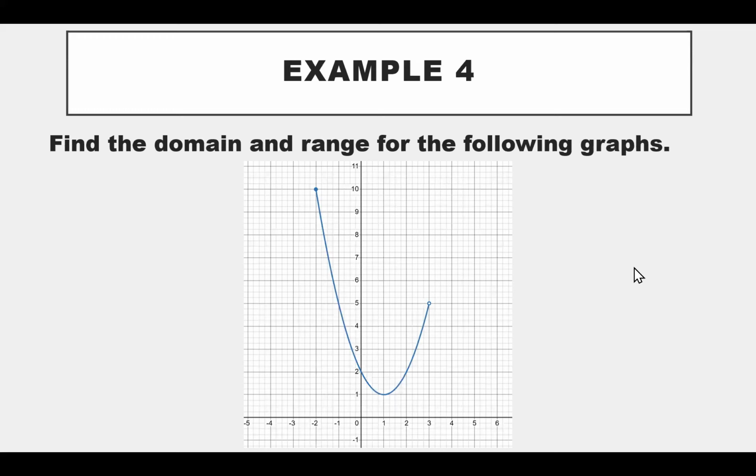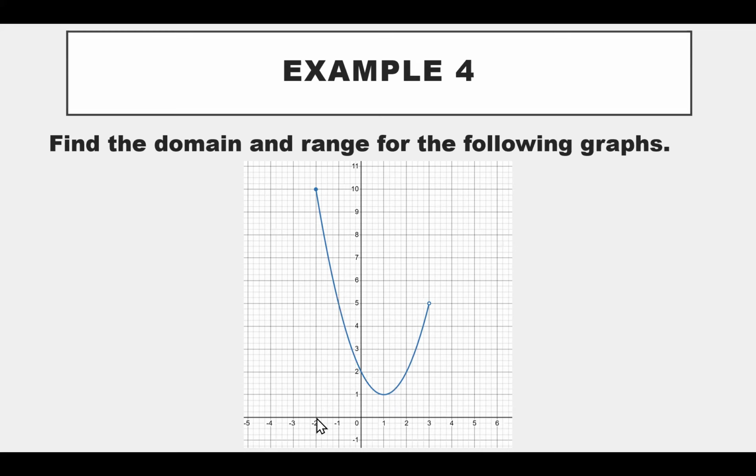So let's take a look at this graph and let's find the domain and range for this one. Obviously, there'll be more to come, but let's force ourselves to look at this one.